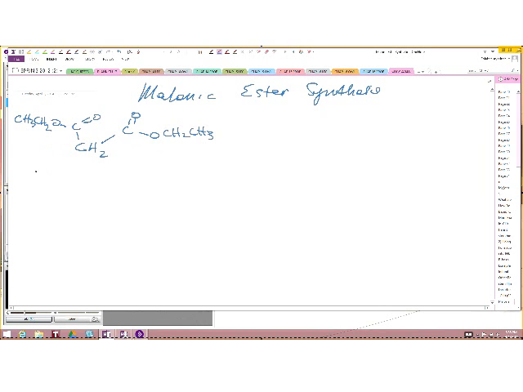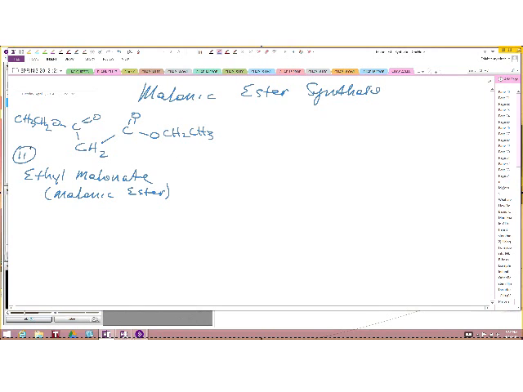This molecule we call malonate, and the common name for this is malonic ester. If you take malonate, by the way, the pKa value for this hydrogen here is about 11, so it's fairly acidic.